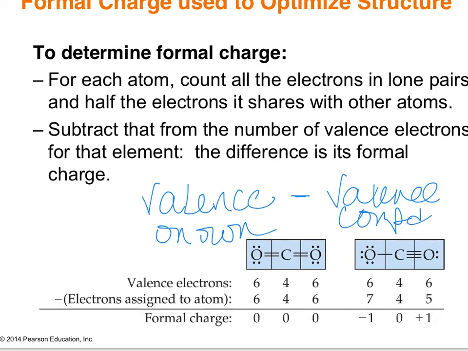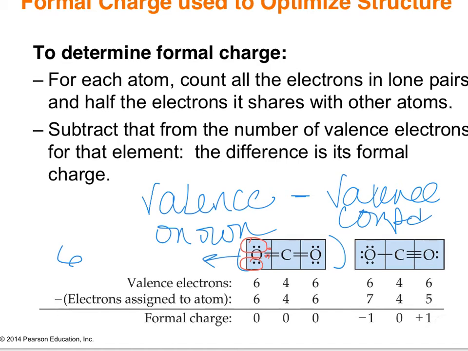So let's look at an example. I think it's easiest to understand if you look at an example. Let's look at carbon dioxide and take one atom at a time. Oxygen starts with 6 valence electrons, right? When it's on its own as an element. In this particular compound, when you are counting valence electrons that belong to a certain atom, you count all of the lone pairs, and you count only one electron from each bond.